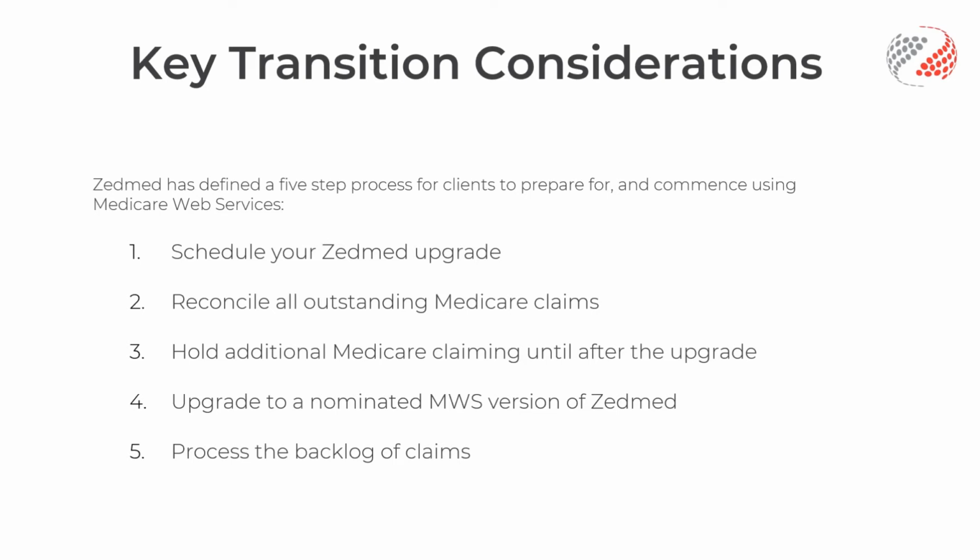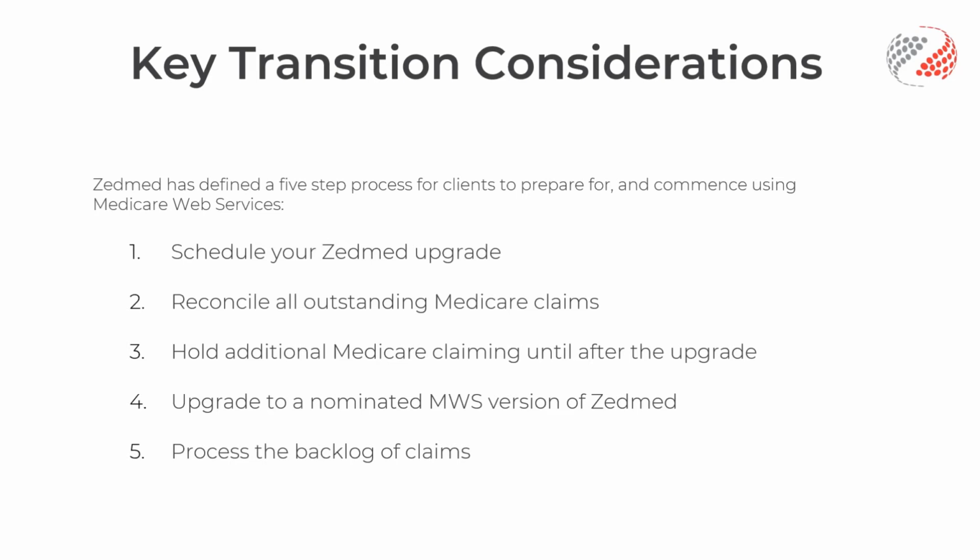Point 2 and 3 are the really important steps to take. So we recommend that all of your outstanding Medicare claims, and that being DVA, Eclipse, bulk billing, and Tyro, get reconciled before you upgrade.